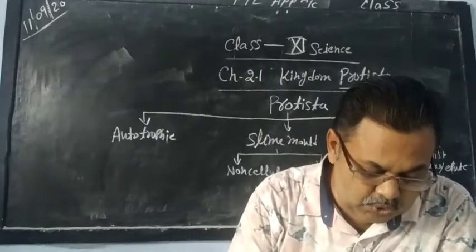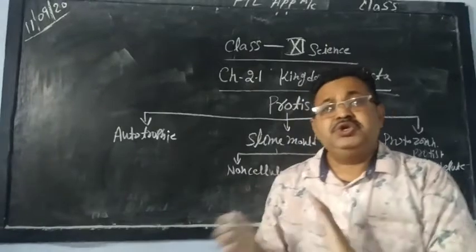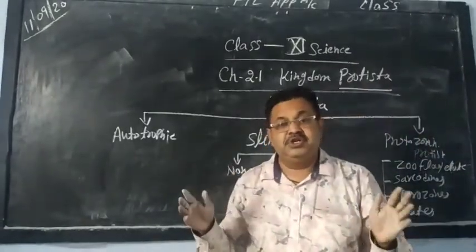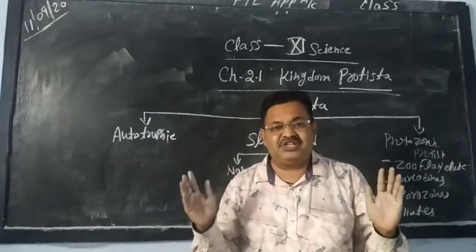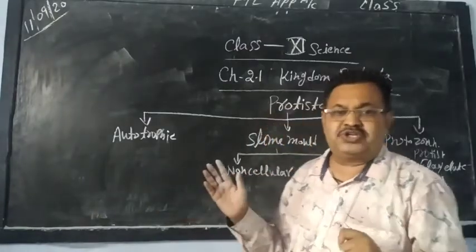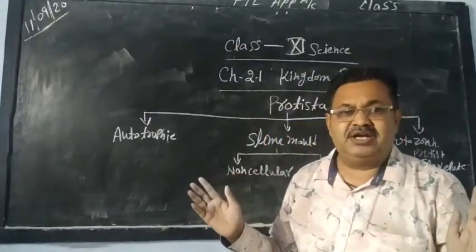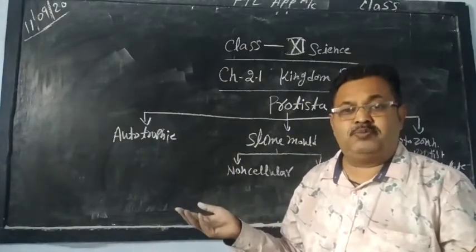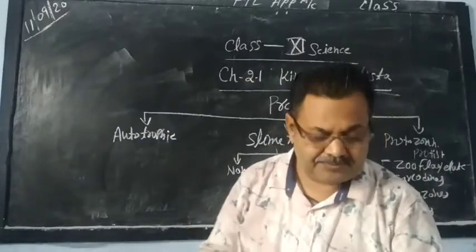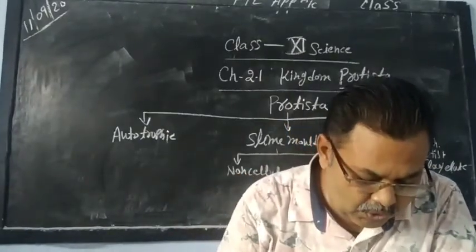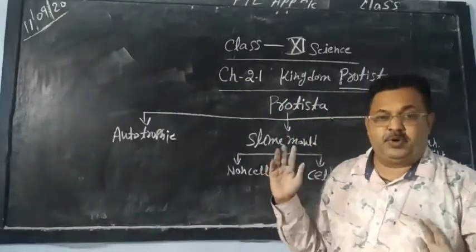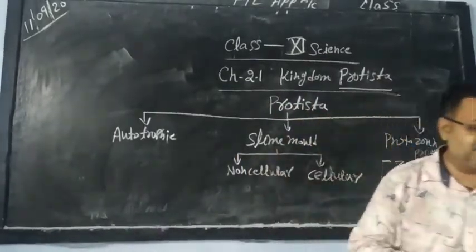Now next one is pseudopodia. Pseudo means false, podia means feet. So they have false feet, and such locomotion takes place in amoeba. So amoeba locomotes through the pseudopodia or false feet. So this is the locomotion in the protista or primary organism.